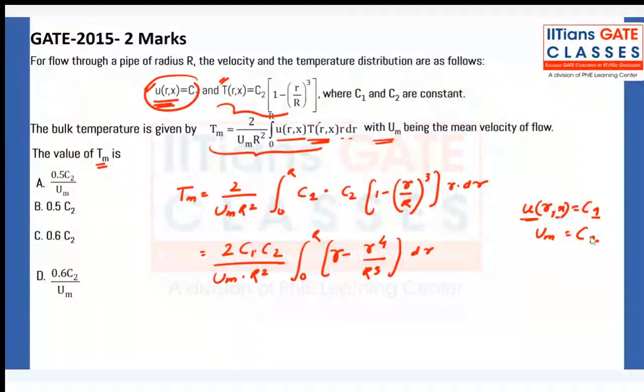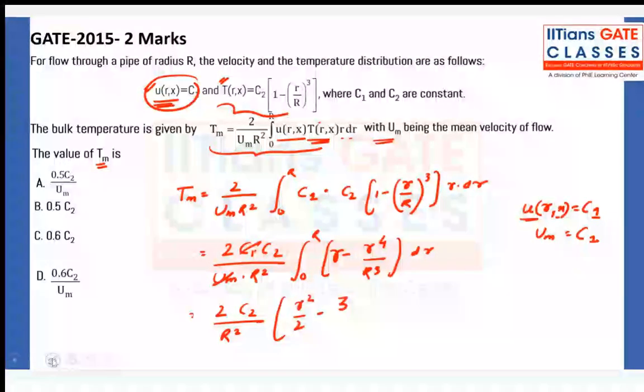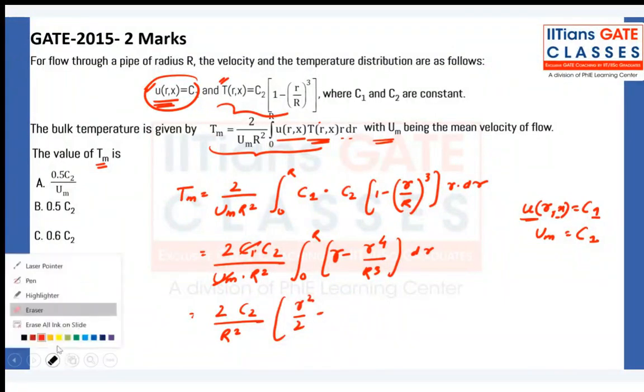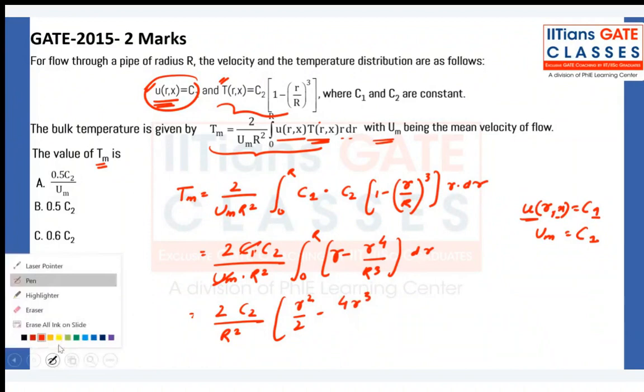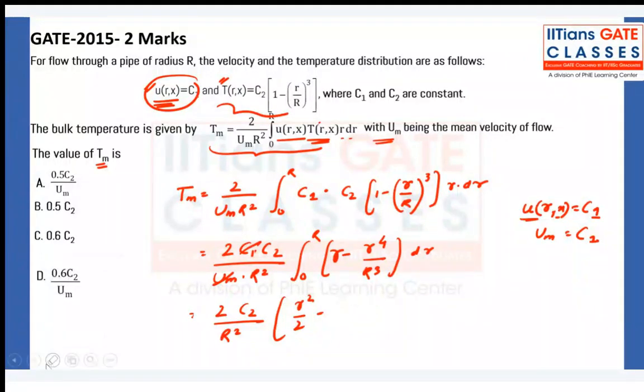C1 and now C2 upon r square, r square by 2 minus 4r cube, sorry, 4r cube. No, we are integrating, so r^5 by 5r cube, 0 to r.